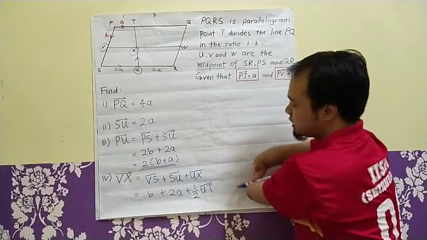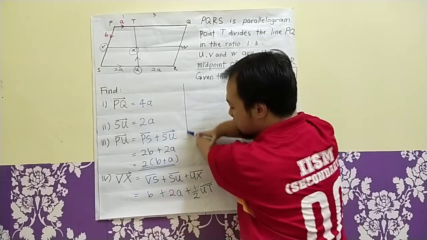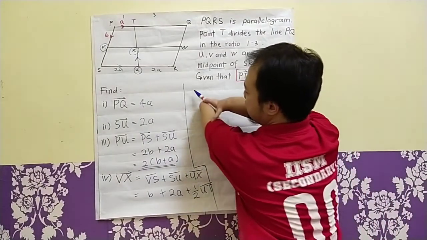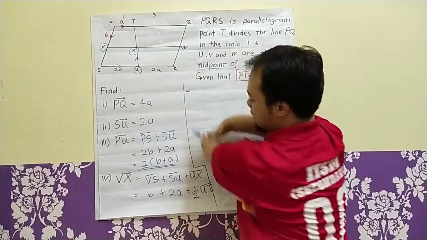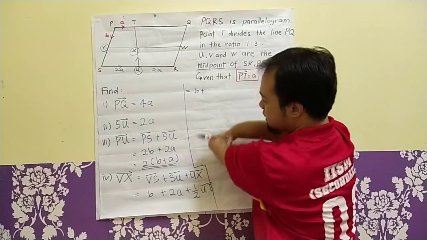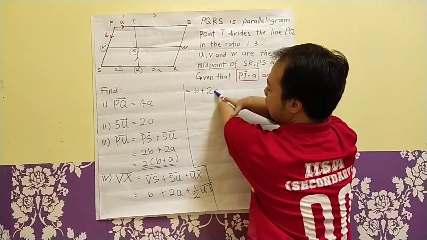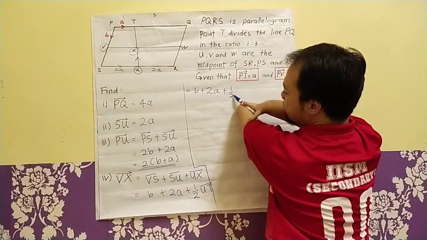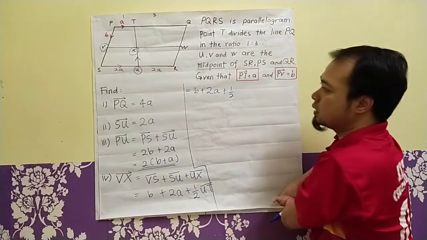It's not the answer yet, so continue. So I will continue over here. So equal b plus 2a, plus half of UT.